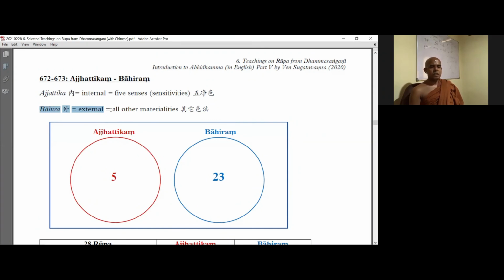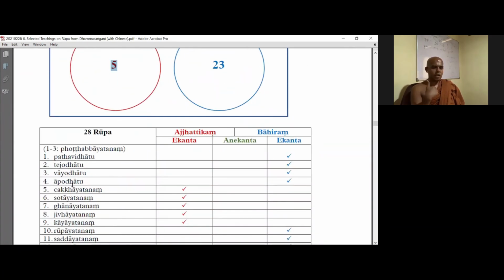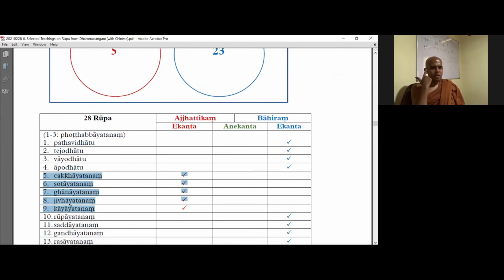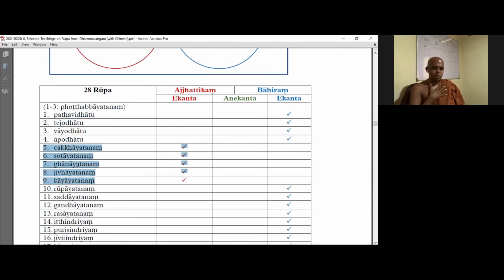How many internal rupa, how many external rupa? Ajjattika ayatana means five rupa: eye, ear, nose, tongue, and body.